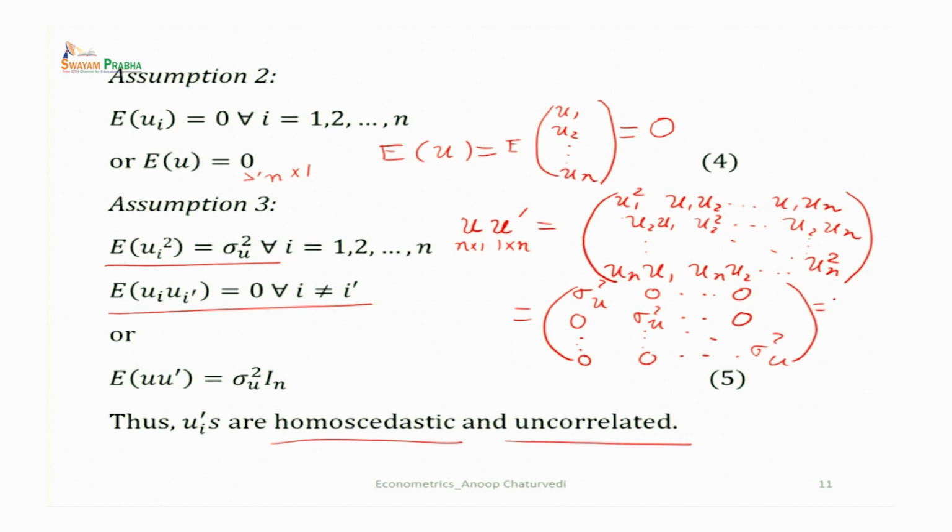And then you can write it as sigma square u times I n. So, expectation of u u transpose is equal to sigma square u I n. So, you can say that the mean vector of u is 0 and the variance covariance matrix of u is sigma square u times I n. So, I write expectation here also.